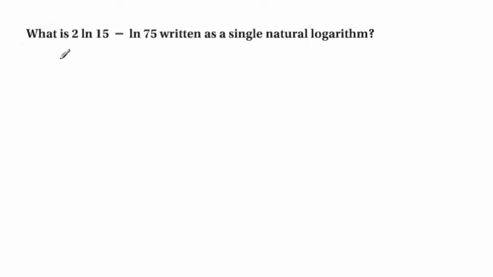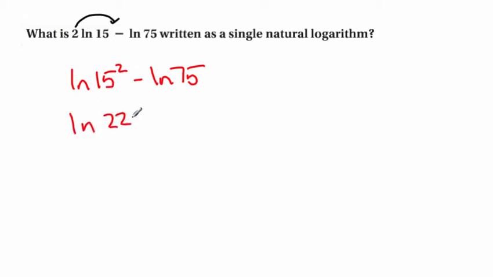This question says, what is 2 ln 15 minus ln 75 written as a single natural logarithm? Well, the first thing I'm going to do is this 2 is going to become an exponent. So I'm going to put ln of 15 squared minus ln of 75. I'm going to square the 15, so ln of 225 minus ln of 75. And that's going to get me ln of 225 divided by 75.